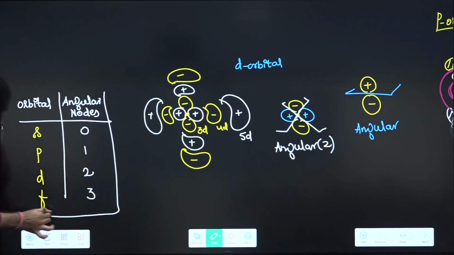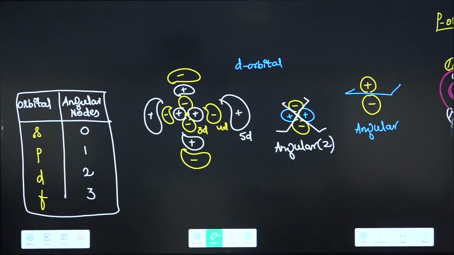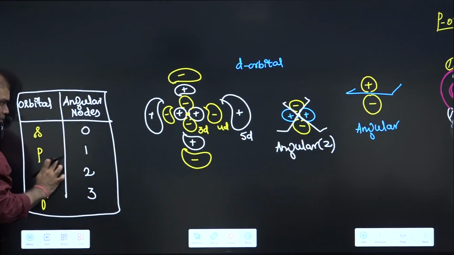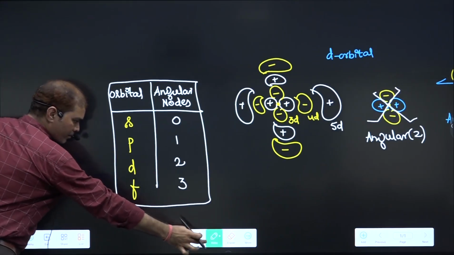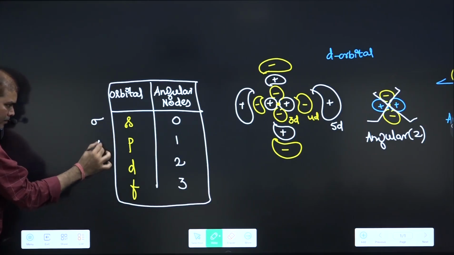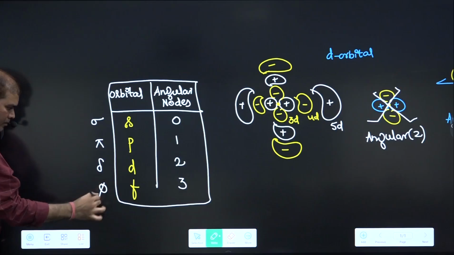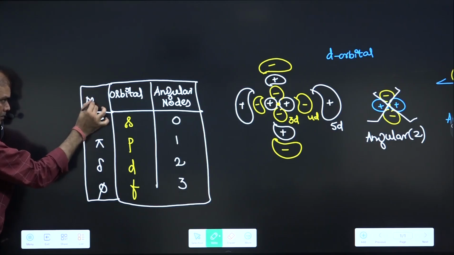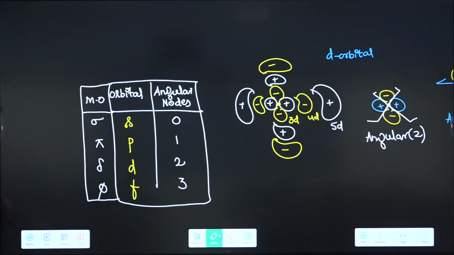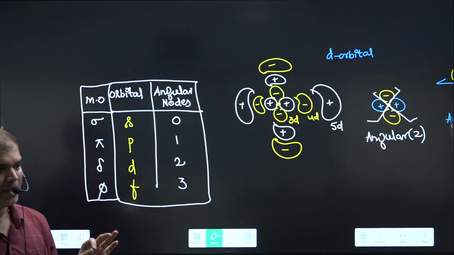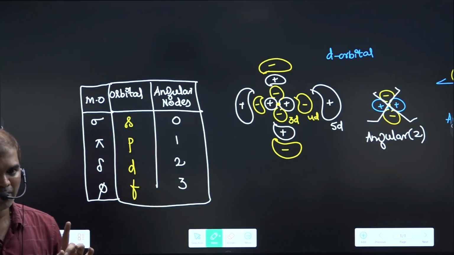These are angular nodes, not radial nodes. s, p, d, f, you can also correlate them to molecular orbitals. Even they will have the same number of nodes. You can correlate, no problem. Sigma molecular orbital will have 0 nodes. Pi molecular orbital will have 1 node. Definitely there will be a node.